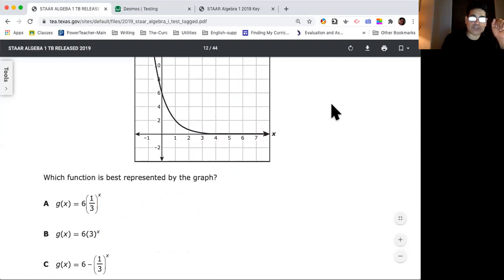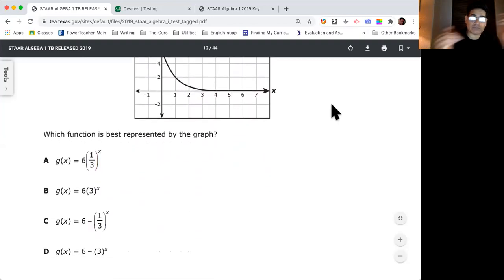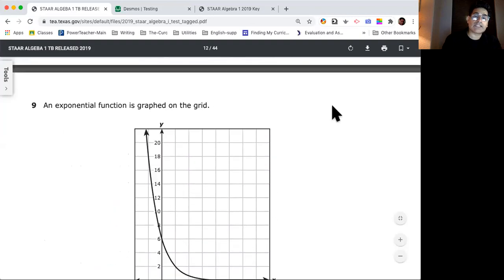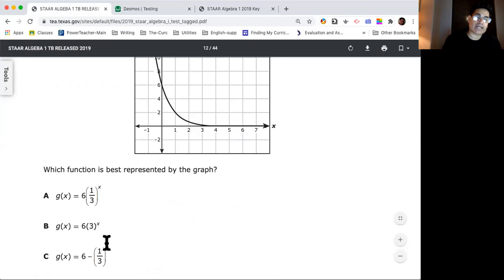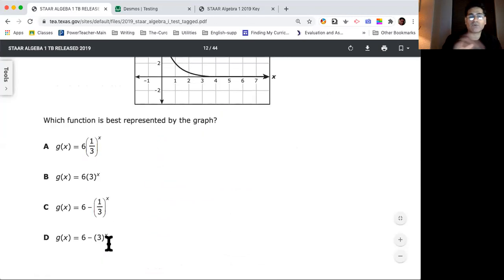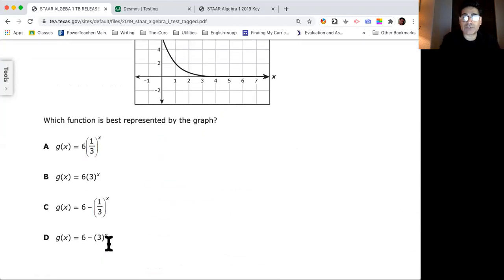And you're given 4 choices, and it's pretty much asking which of these looks like this graph. So let's plug them into Desmos and see what we get. Let's hope that as we put these in, we don't have to play around too much with these numbers.